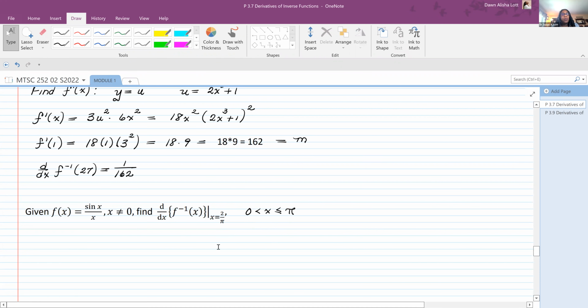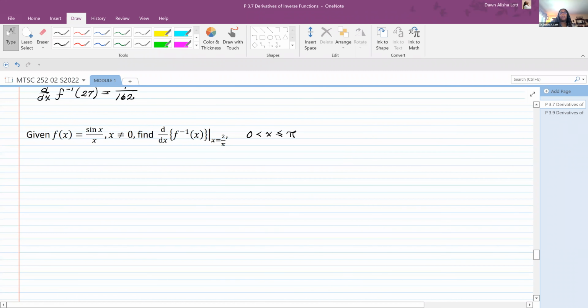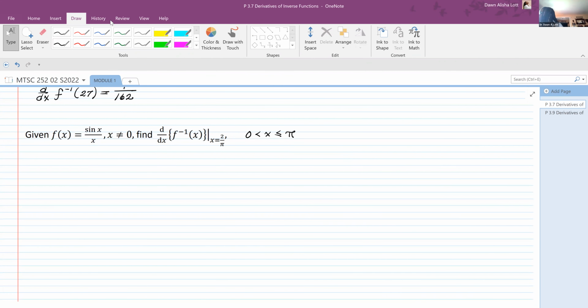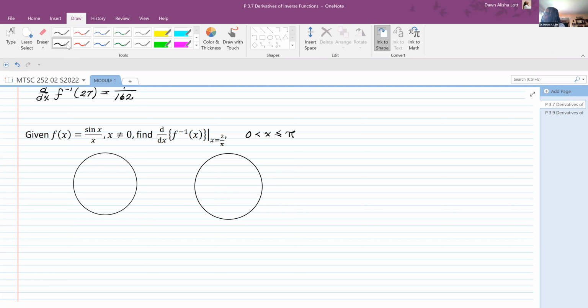What are we looking for? Again, I try to draw you a visual just to help. So here's the visual. We have noticed that the point is pi over 2, 2 over pi.